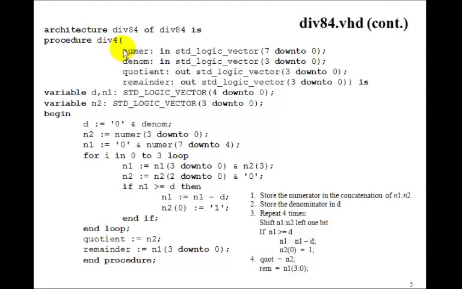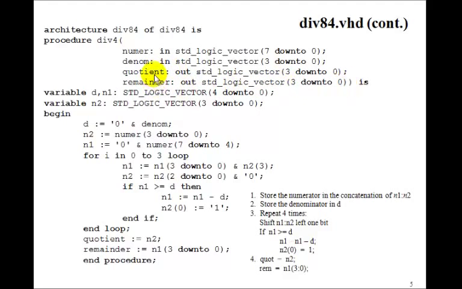Now remember in the procedure we list the inputs and outputs much like you would in the entity. So here we'll call numer the 8-bit numerator and we'll call denom the 4-bit denominator. Now we'll use quotient and remainder here as well, but this quotient is only 4 bits, 3 down to 0, and this remainder is 4 bits, 3 down to 0.